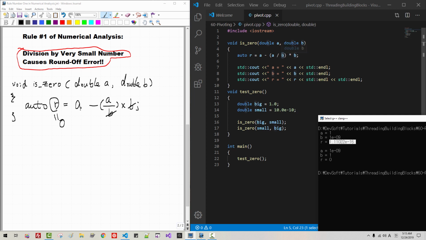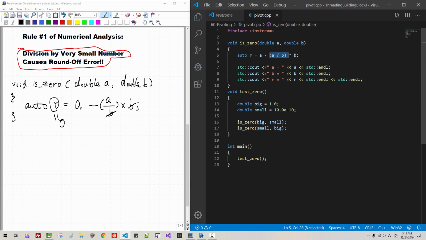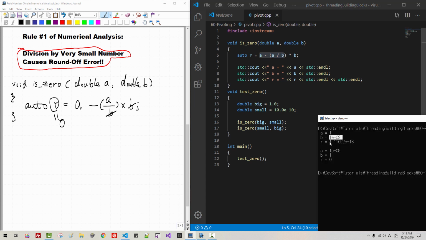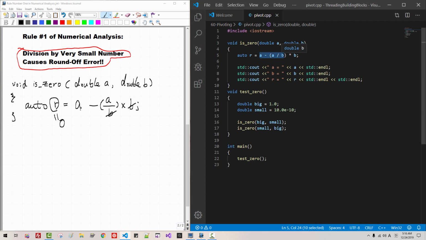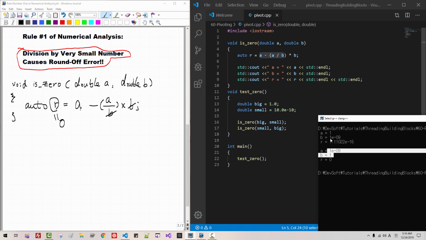So division by a very small number causes round-off error. This result is incorrect. In this case, B is a big number, 1, and A is a small number. Division of a small number by a big number is no problem. It is still 0, the correct result. But with division by a small number B, when B is very small, the result is incorrect.